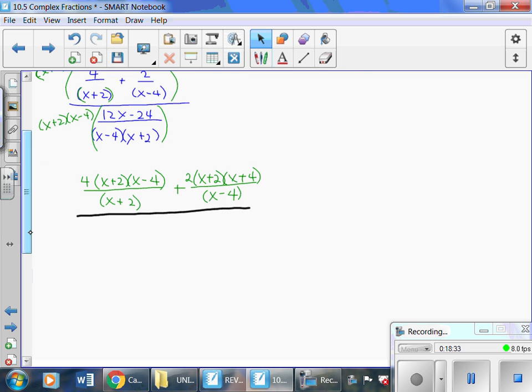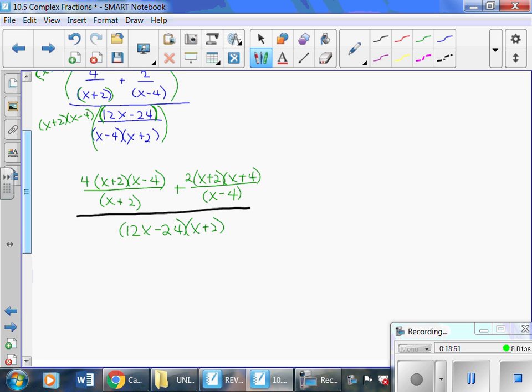And now we're going to move on to that denominator. So again, I'm going to multiply through. I can think about this as one term though. So I have my term, which is 12x minus 24, times my x plus 2, x minus 4, all over my common denominator, which is x minus 4 and x plus 2.